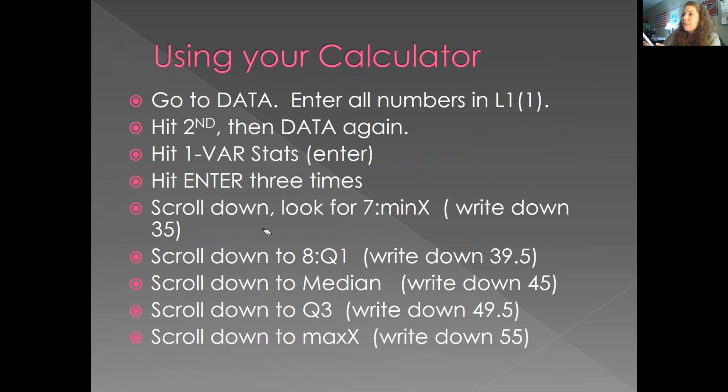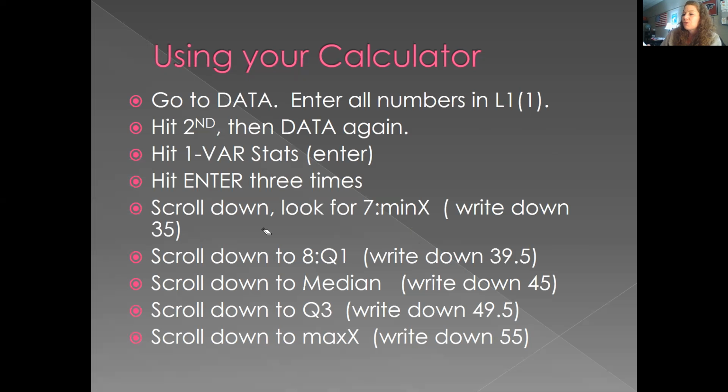Now, we're going to hit the green second button, and then hit data again. And this time we want number 1 VAR statistics. To select that, you hit enter. And now on this next page, you're going to hit enter 3 times.